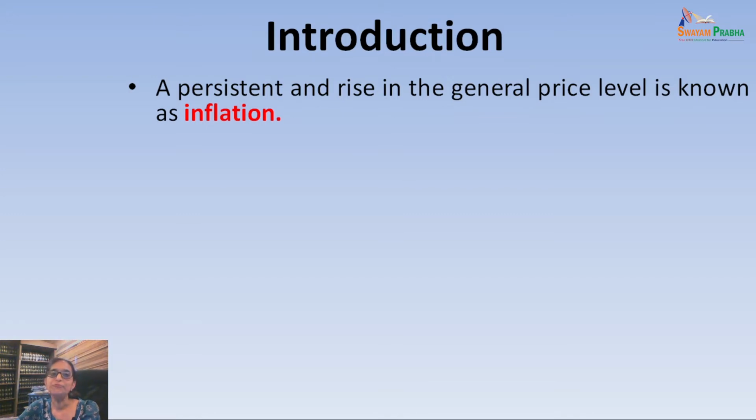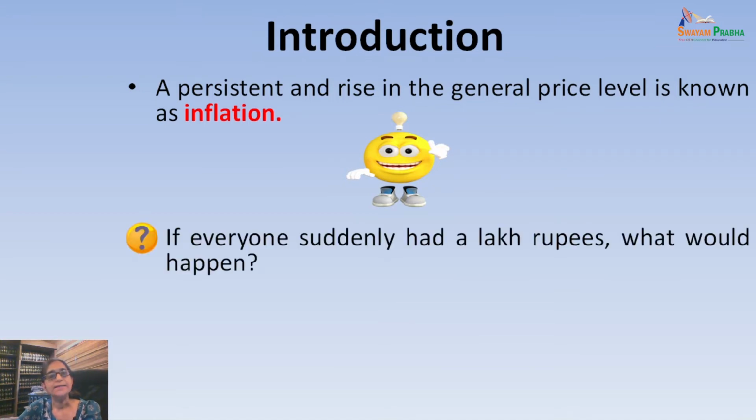Now, before we move forward, just think about this situation that I am giving you. Let us say if all of us suddenly are given ₹1,00,000, what would happen? What would be our reaction? Or what would happen in the economy as a whole if all of us suddenly had ₹1,00,000 in hand?